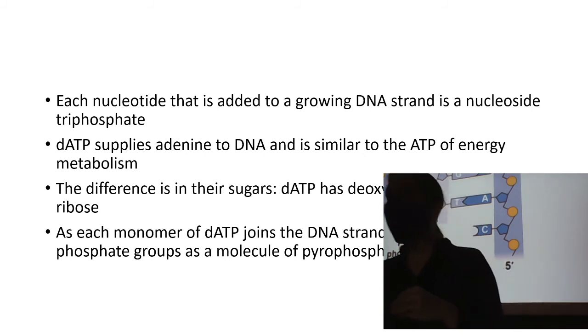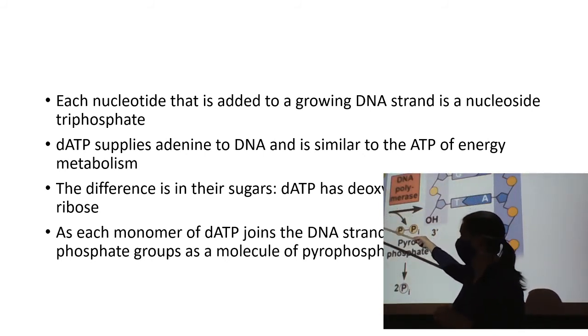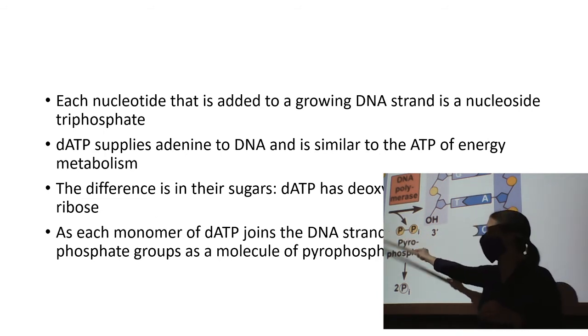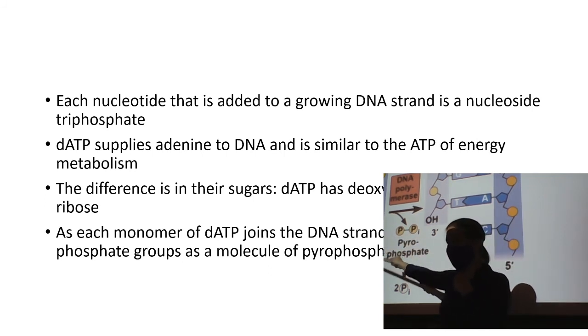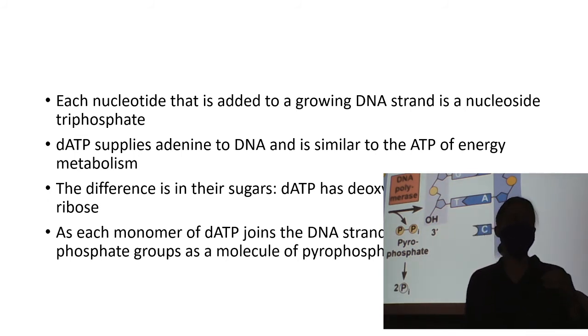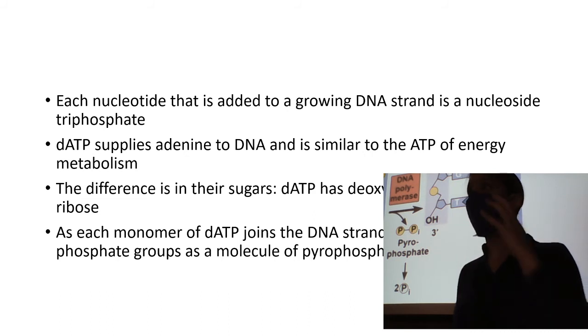DNA polymerase is going to read the template strand. So it reads this template strand and says, that's an A. If that's an A, I need to add a T. Okay, if it saw a G, what would it feel like it needed to add? A C. Okay?